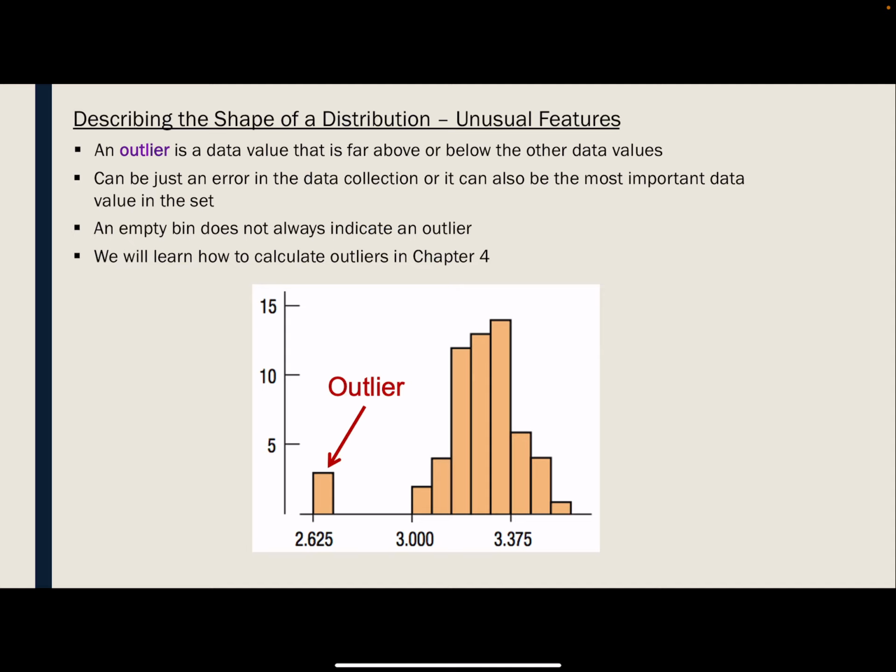It could be that there was some kind of mistake in the data collection. For example, maybe you put out a survey and ask people to give their height in inches, and somebody writes 6. Well, nobody's 6 inches tall. They probably are giving their height in feet, but you still have to enter the data as 6, but it was a mistake in the collection of that data.